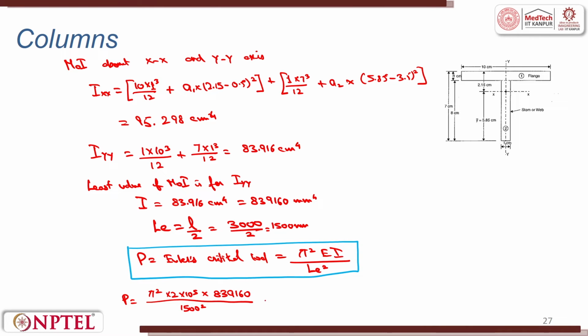This gives me the value of P as 736.19 kilonewtons, which is my Euler's critical load. This is the answer.